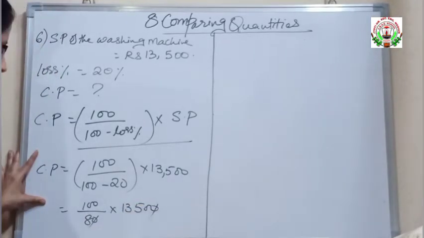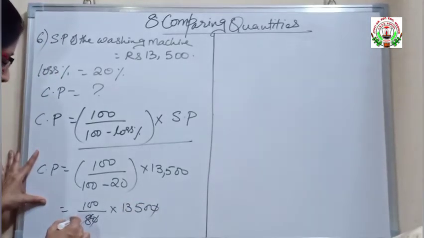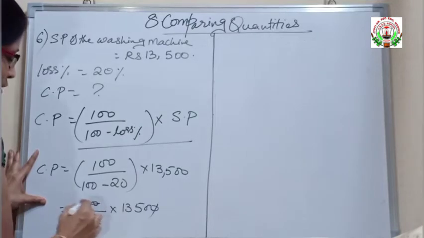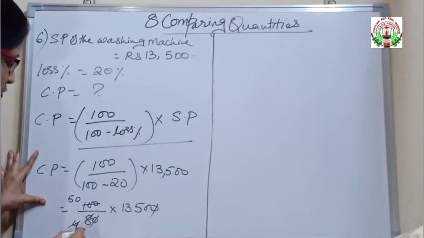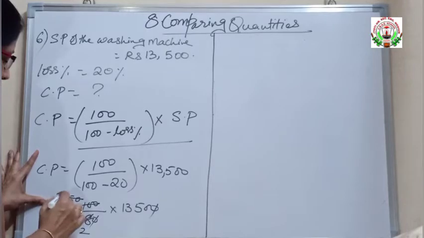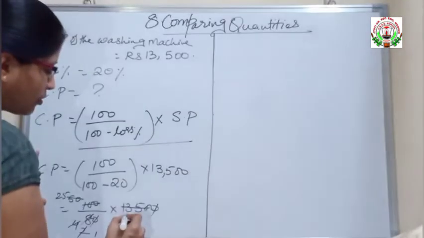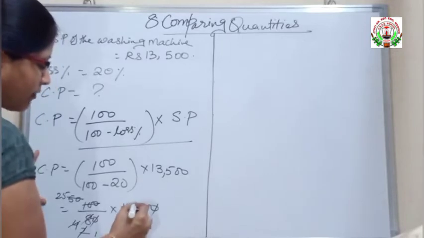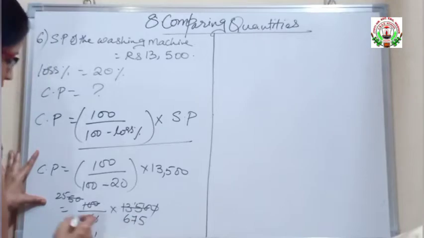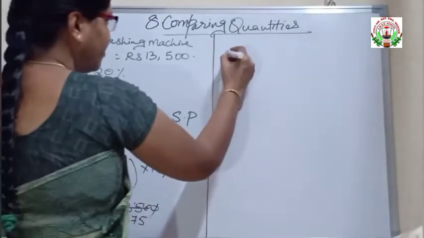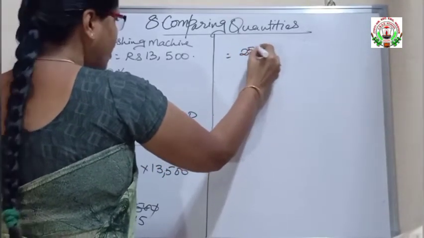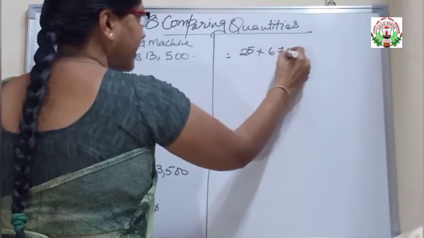0 got cancelled. See, 2 4s are 8, 2 50s are, again 2 2s are 4, 2 25s are, again here 2 1s are 2, 2 6s are 12, 1 here, 2 7s are 14, 1 here, 5s are. So here we got it as 25 into 675.